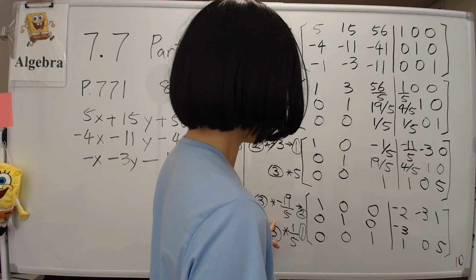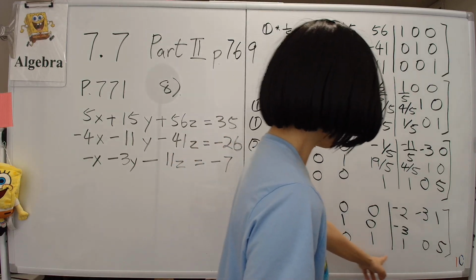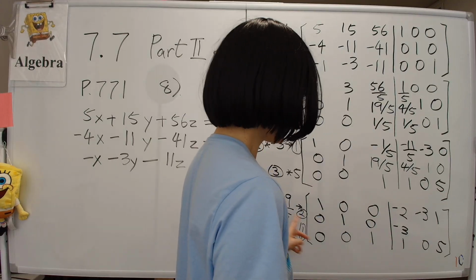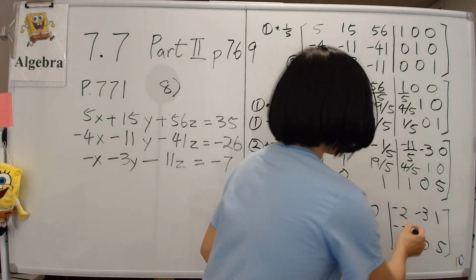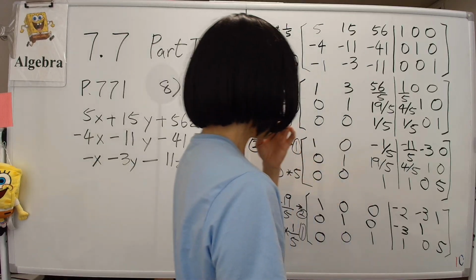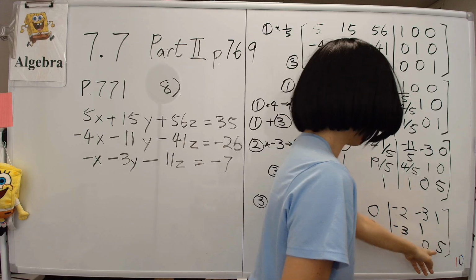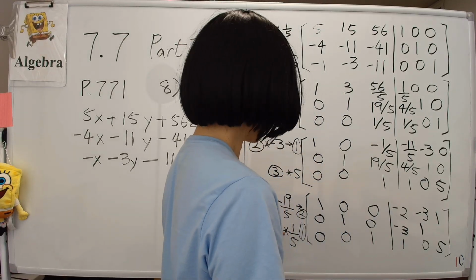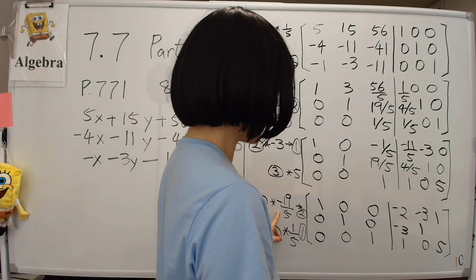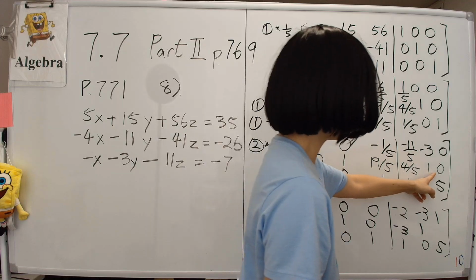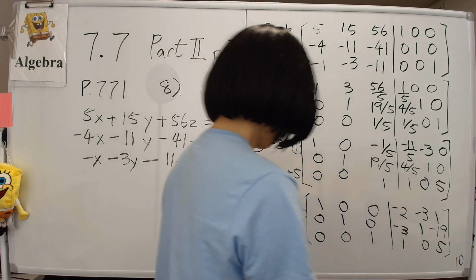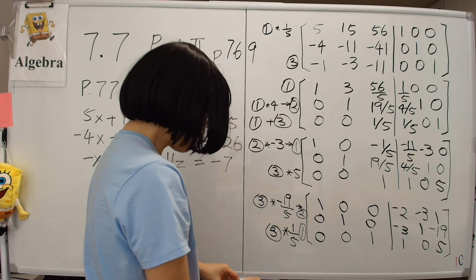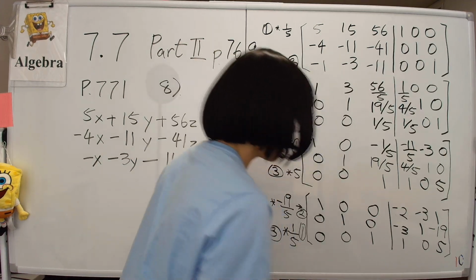The next one in row 3 is the 0. So 0 times whatever, and then added to row 2, that stays there. And then finally, this thing times minus 19/5, that's negative 19, and then added to this one, that's still minus 19. Okay, so after all this bother, we're finally done, but that's assuming I got it right.